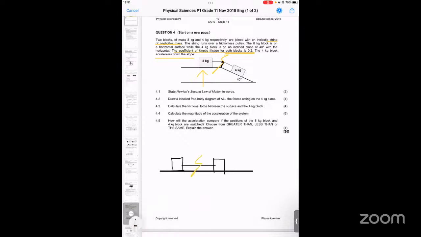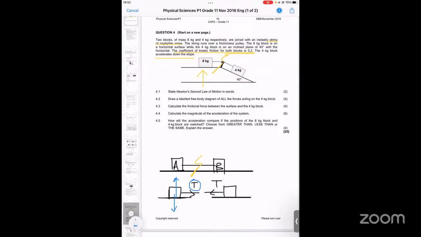So on object A, the tension is in that direction, but on object B, the tension is in that direction. I'm not sure if it makes sense, Didintle. Yes, sir. So before you do calculations, you just need to complete a labeled free body diagram on this object, then you formulate and you make T the subject of the formula.